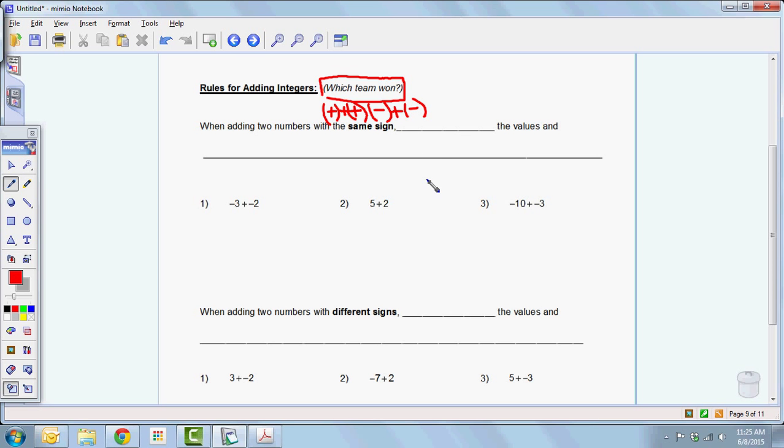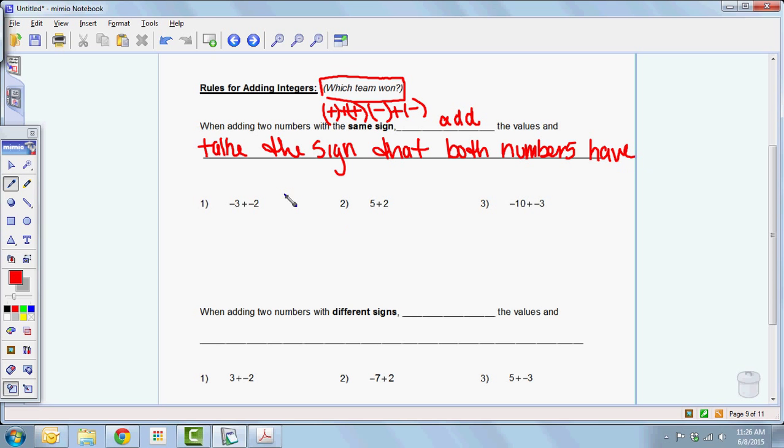Okay, so either one of those examples, you're going to add the values together and you're going to take the sign that both numbers have. Okay, so if they're both positive, your answer is going to be positive. If they're both negative, then your answer is going to be negative.